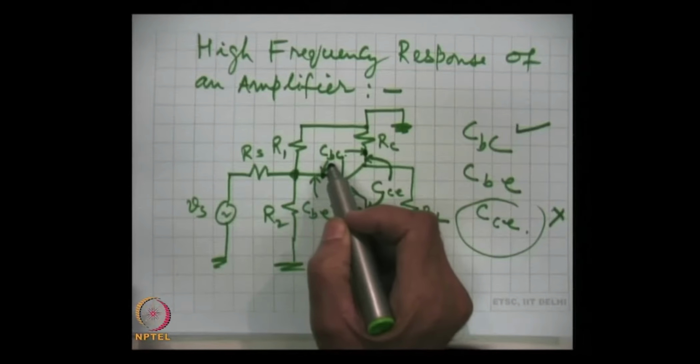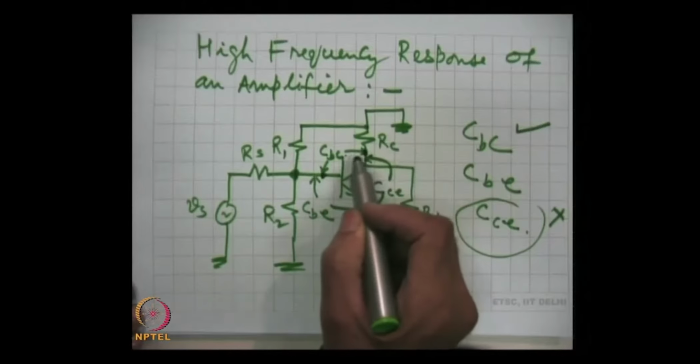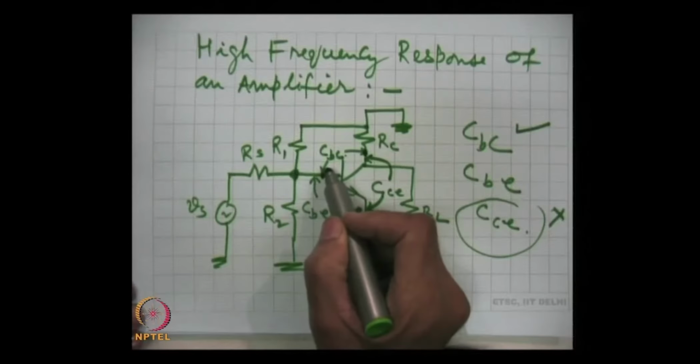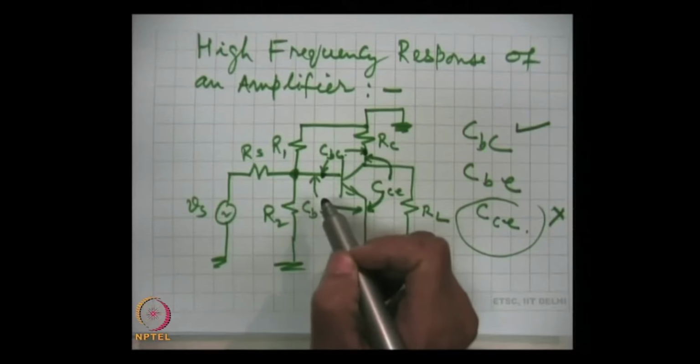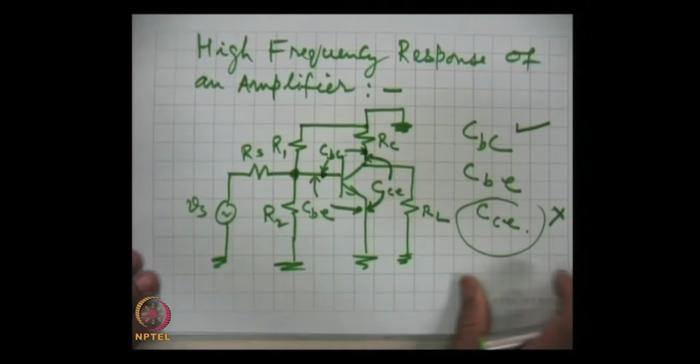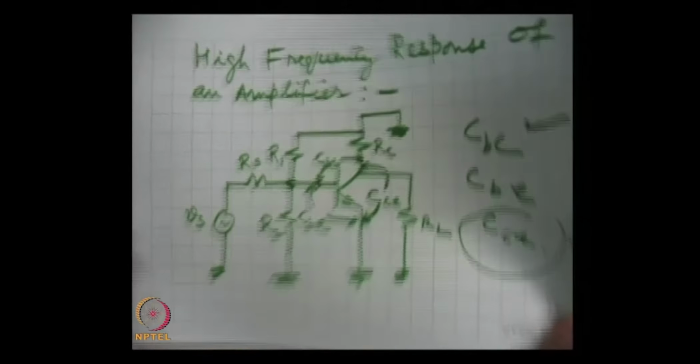This is in Miller's configuration, and hence what will be the influence of this capacitance CBC at the input, this we can know only from the Miller's theorem, and we have seen the capacitance that is effectively multiplied by AV.